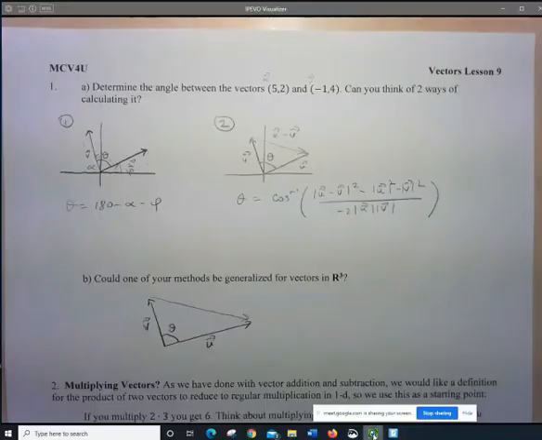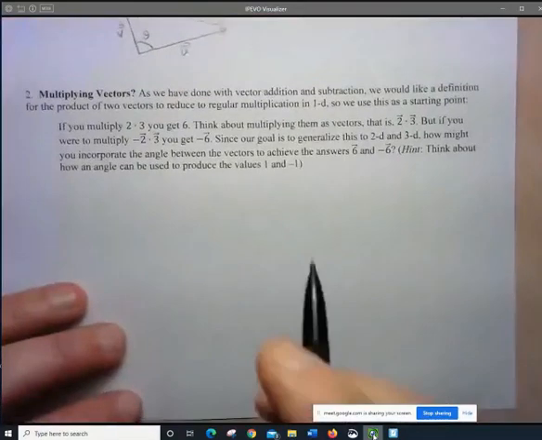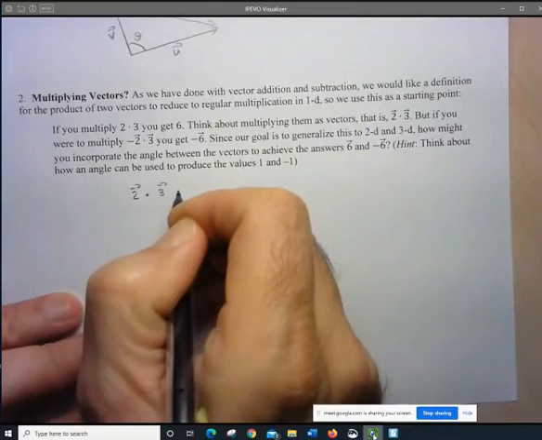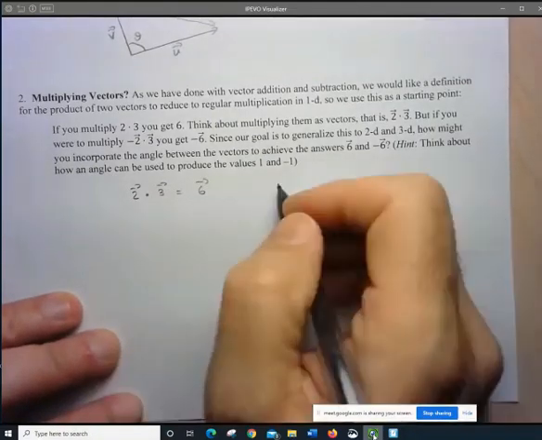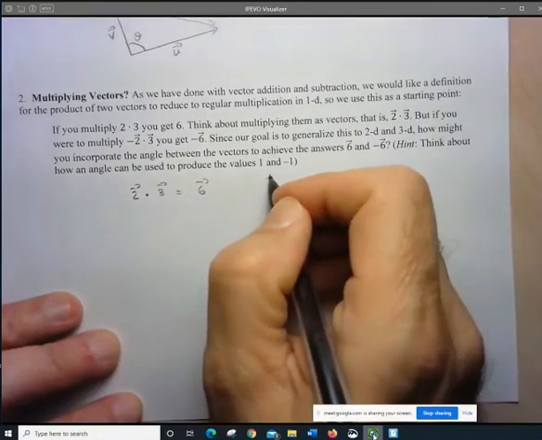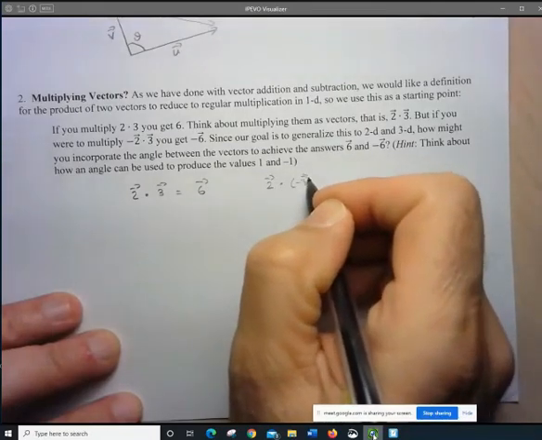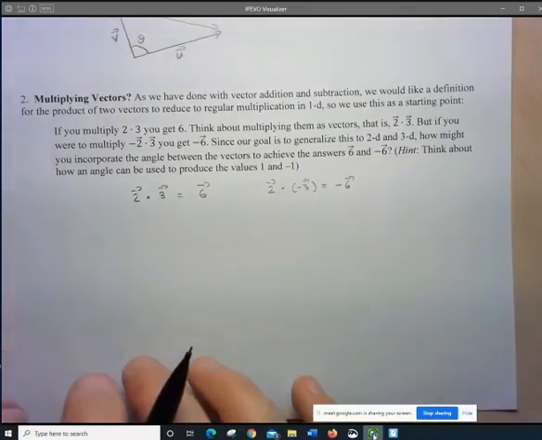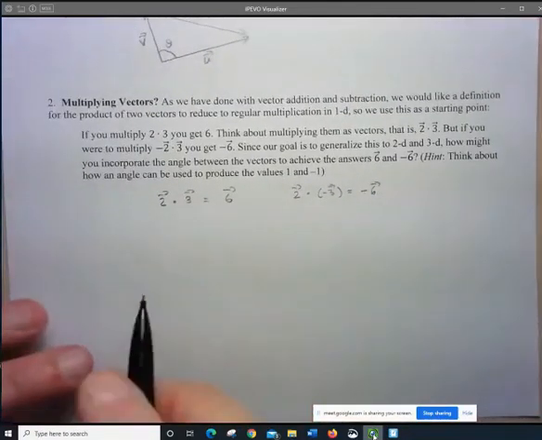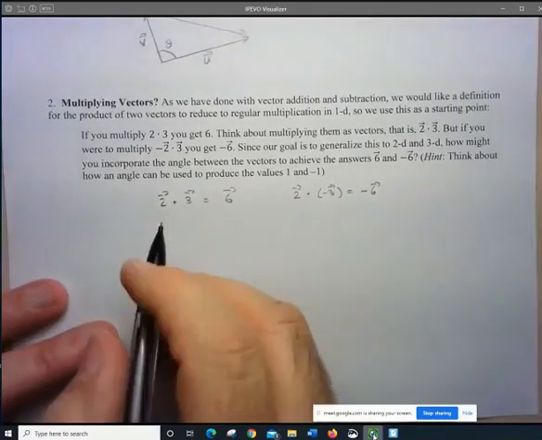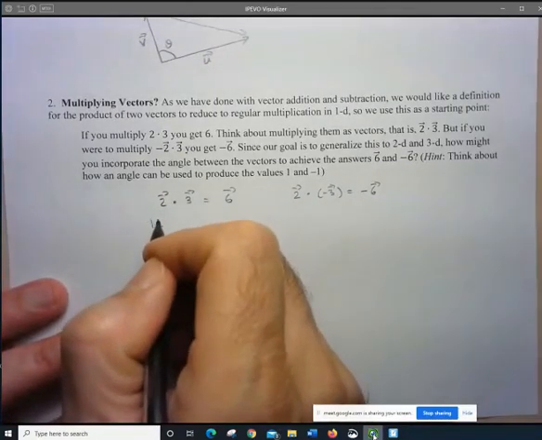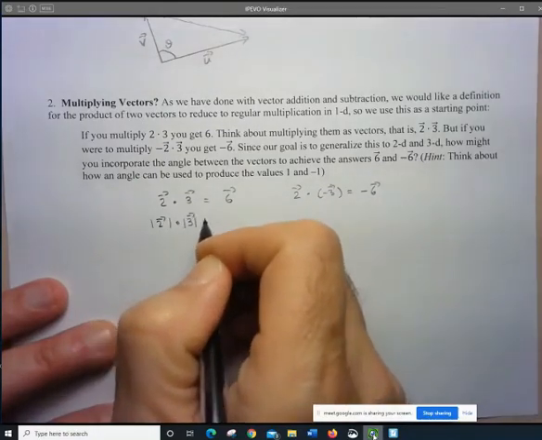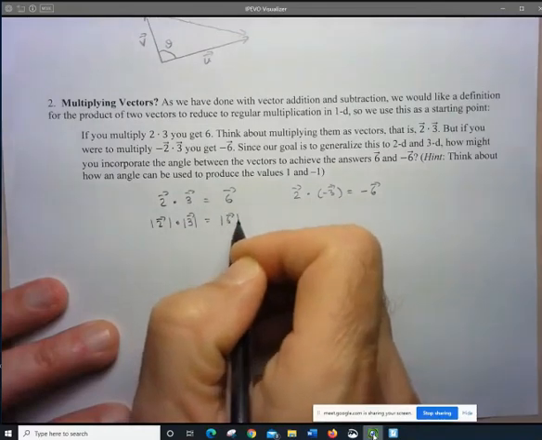So if we take a look here, I want vector 2 times vector 3 to be equal to vector 6, and I want vector 2 times vector -3 to be equal to vector -6. But if I make the connection to scalars, I notice that if I take the magnitude of vector 2 times the magnitude of vector 3, I just get the magnitude of vector 6.